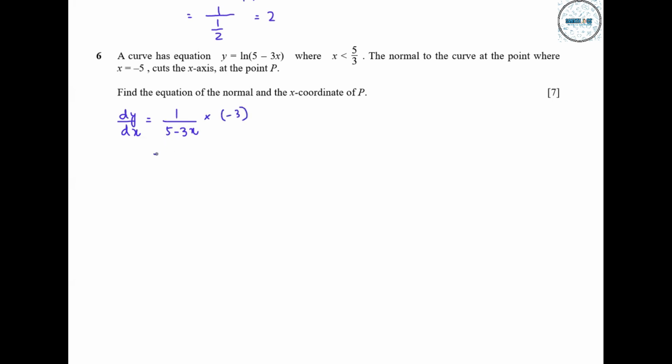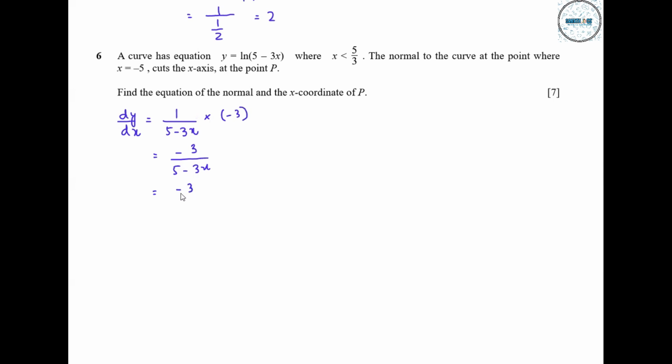So we have here minus 3 upon 5 minus 3x. So now we will substitute here the value of x as minus 5 because we have to find out the normal to the curve at the point where x is equal to minus 5.